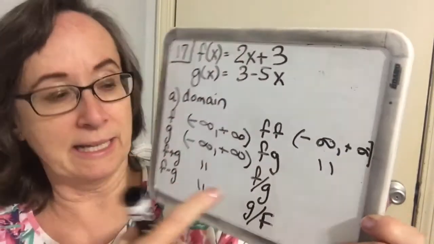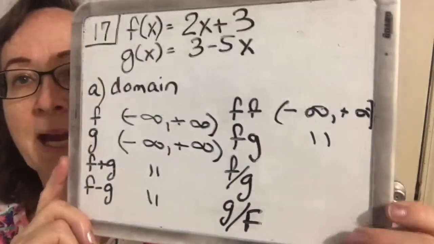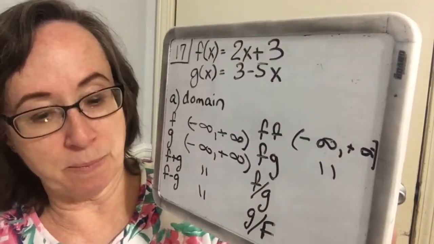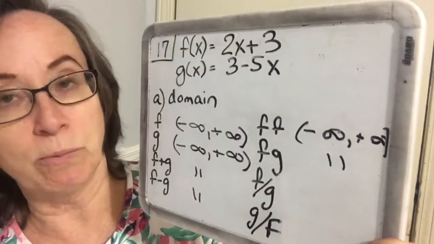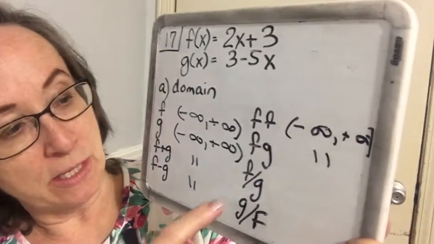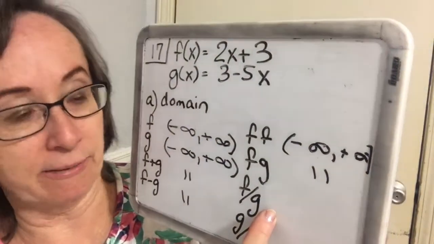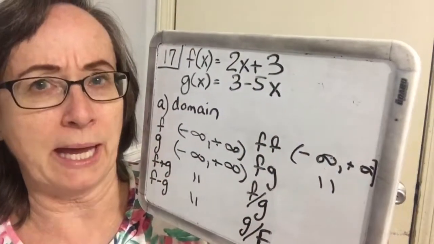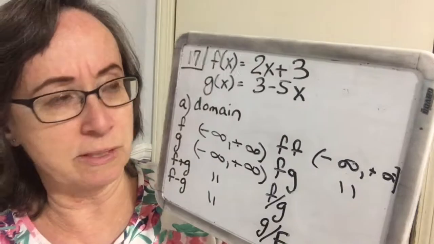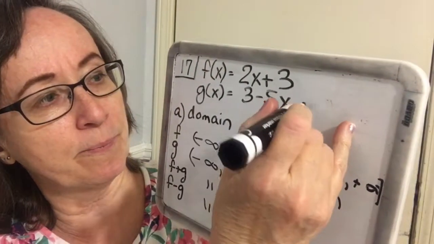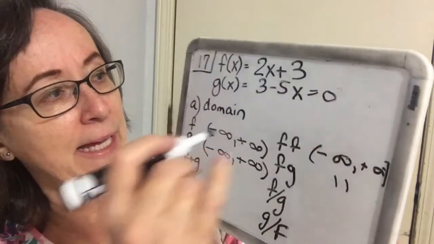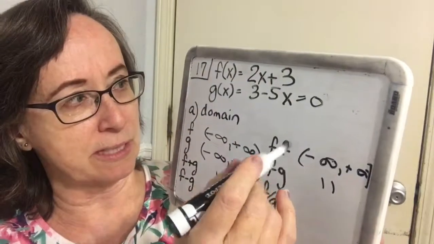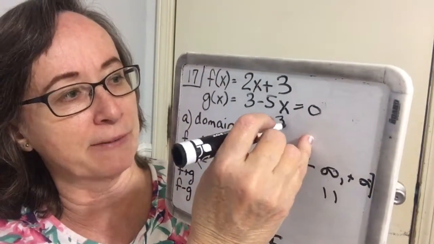Now we're going to get down here to our quotients. When we have a quotient, we have to worry about which one is going to be in the denominator and what would make the denominator go to 0. So we have a g function in the denominator here, and so we have to look up here at the g function and say what would make that function go to 0. So we can set it equal to 0, and the number that would make it go to 0 would be a 3/5.